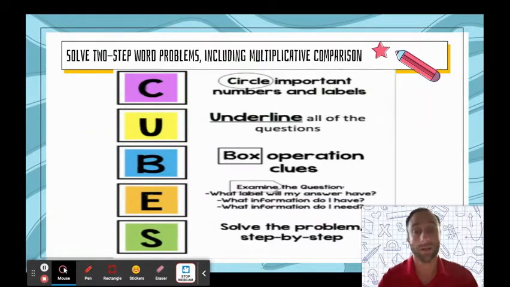We're going to underline all of the questions. We're going to box the operation clues or the keywords. We're going to examine the question. What label will my answer have? What information do I have? What information do I need? The needs will be circled, underlined, and boxed in the first 3 steps. And lastly, you're going to solve that problem step by step.